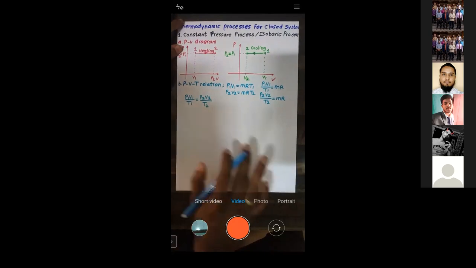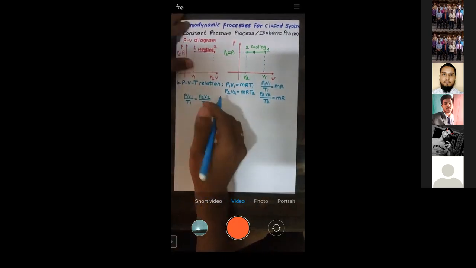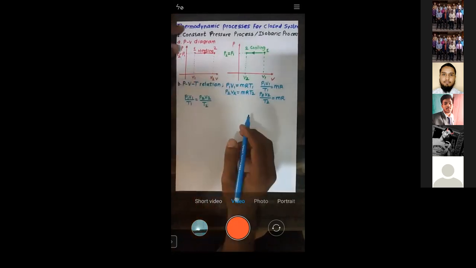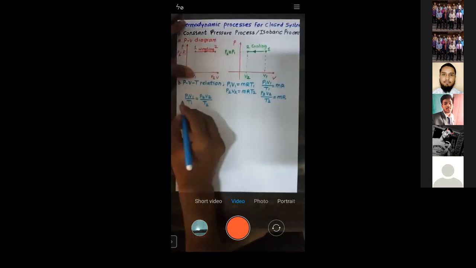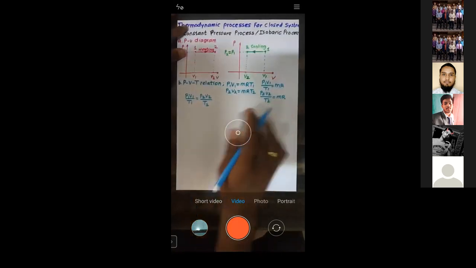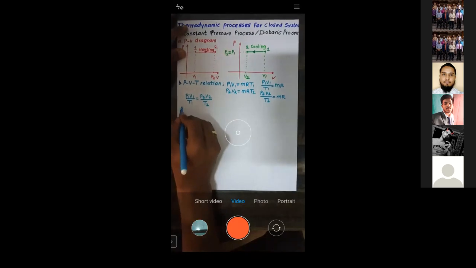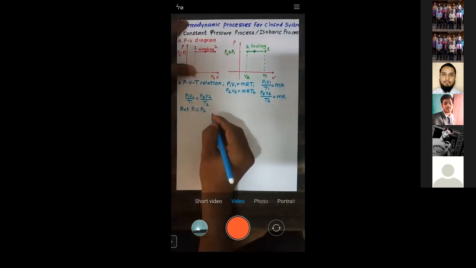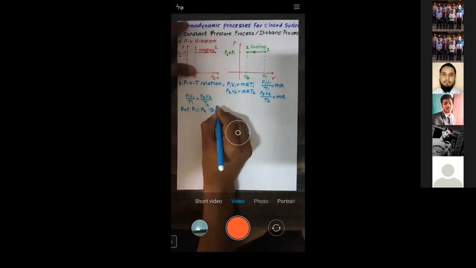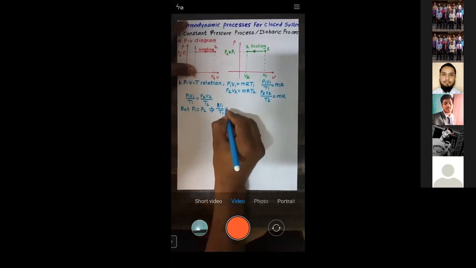But here, in this process, P2 is equal to P1, because pressure is the same. That's why I will write this equation as V1 by T1 is equal to V2 by T2.